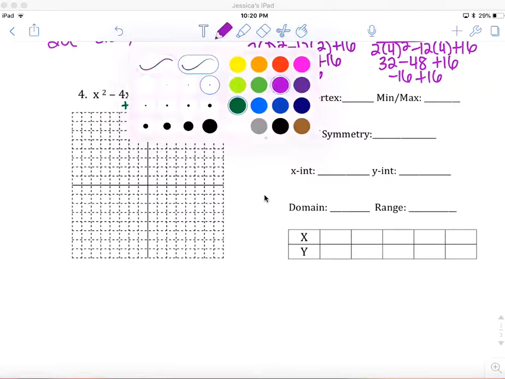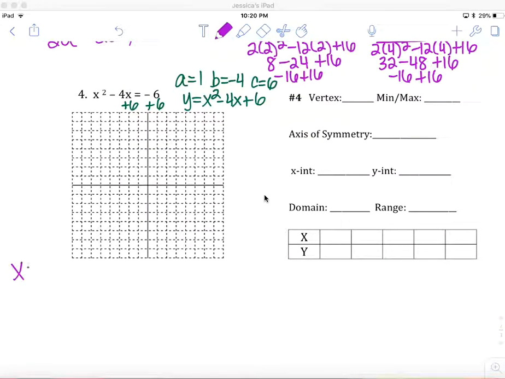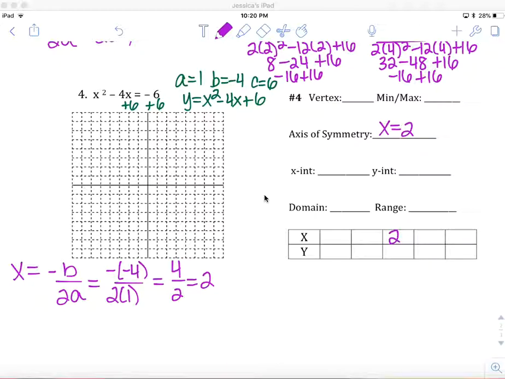When you use the axis of symmetry formula on this problem, opposite b over 2a would be the opposite of negative 4 over 2 times 1. This comes out to 4 over 2, which means my axis of symmetry is at x equals 2.